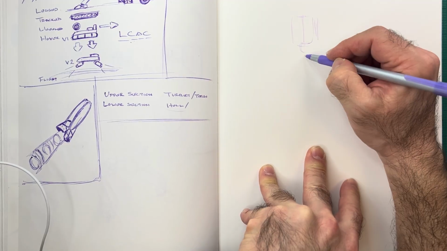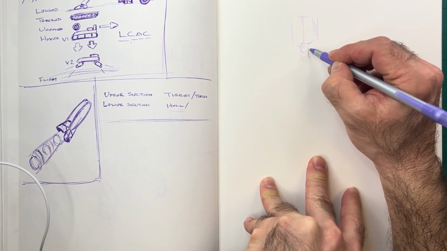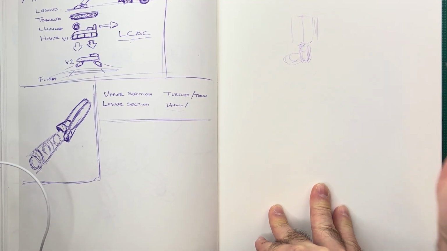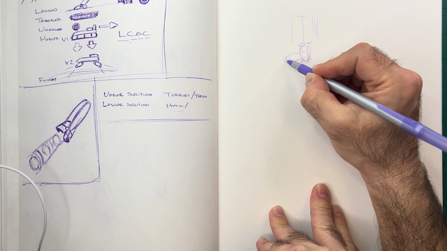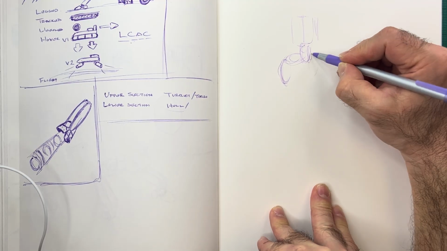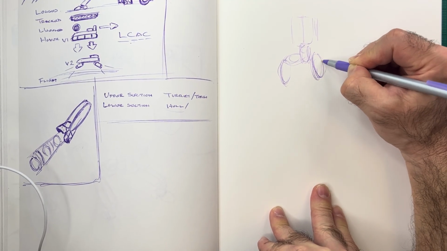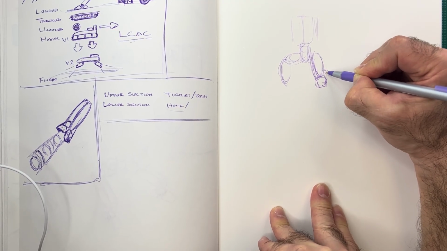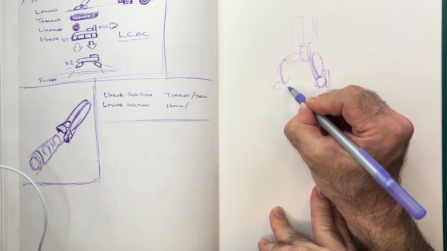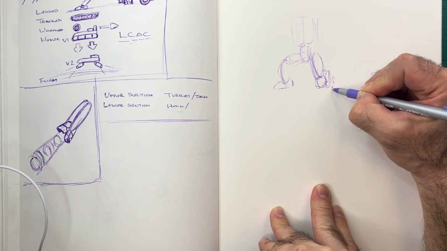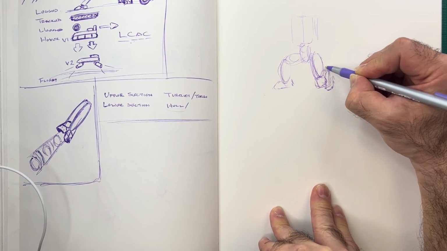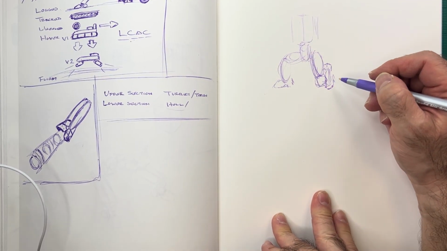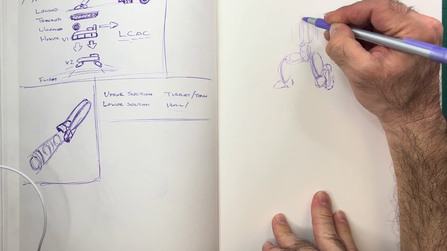You can be really generic with your drawing, and figure out the details afterwards. He's kind of, I think I made him a little too short.